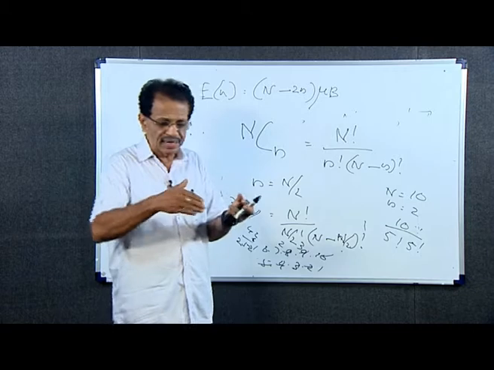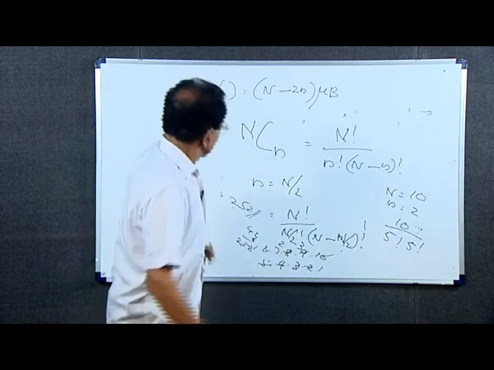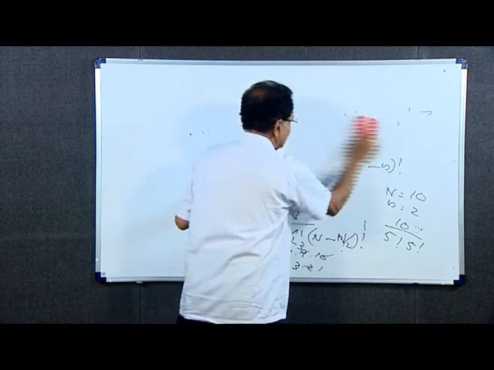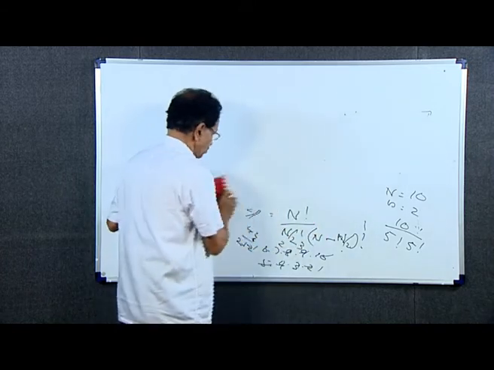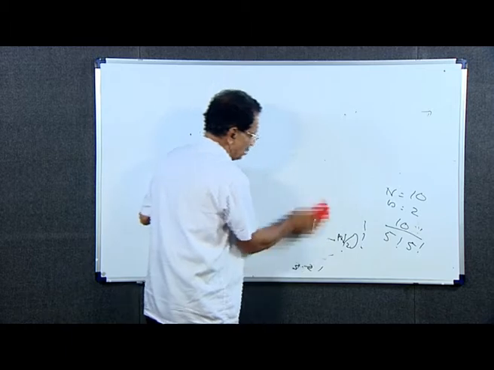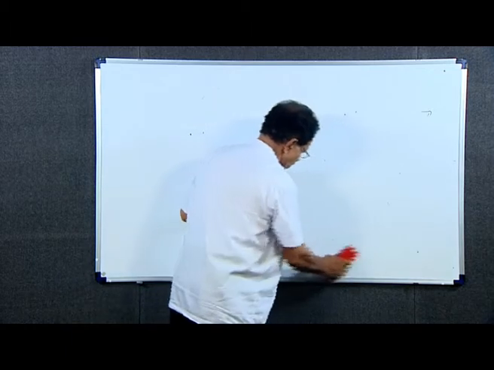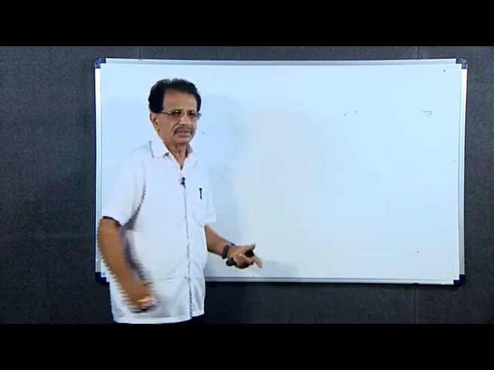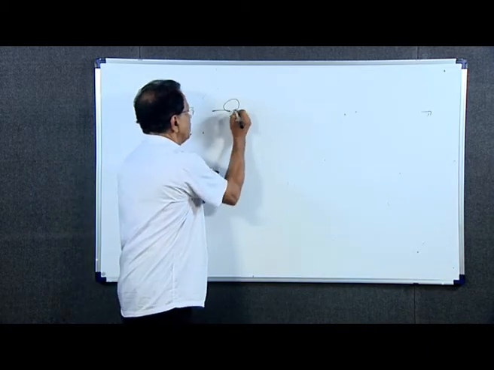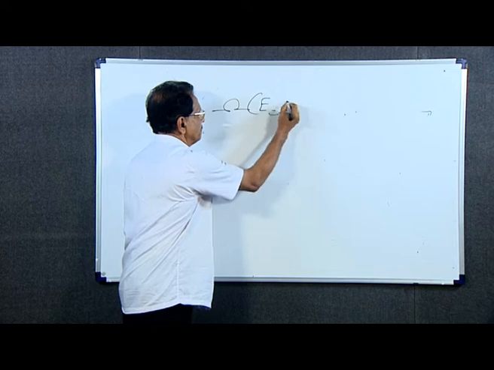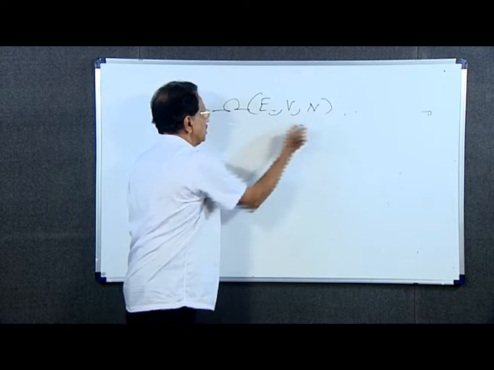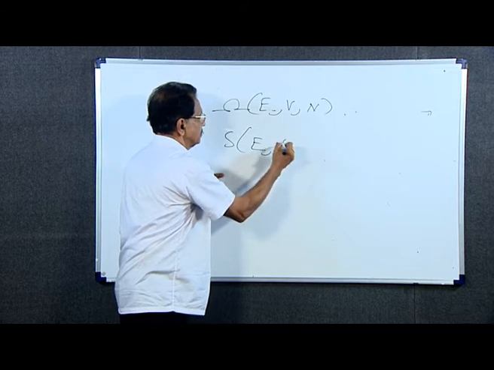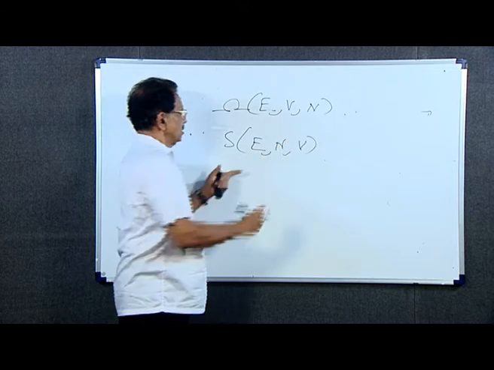So we can now relate this NCn to the statistical weight, because we said that statistical weight is the number of microstates. We can relate the statistical weight to entropy. Entropy is a measure of disorder.